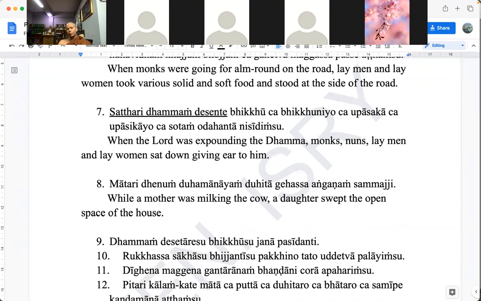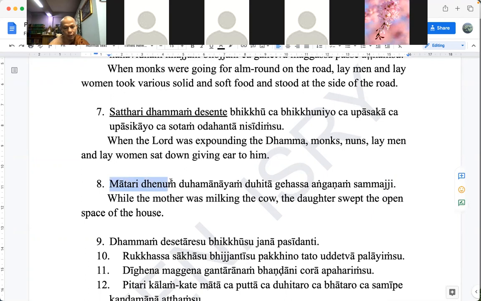When a mother was walking the cow or making the cow, the daughter swept the open space of the house. Gihassa anganam, of the house. So here also Matari duhamanayam is a locative absolute construction.